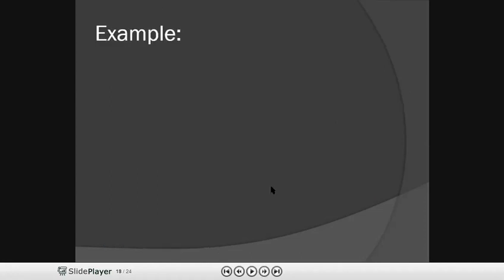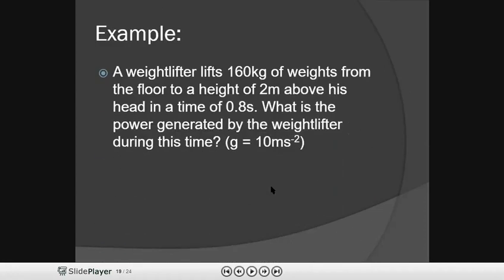Then an example to calculate the power. A weightlifter lifts 160 kg of weights from the floor to a height of 2 meters above his head in time 0.8 second. Uski power kitni hogi? So what we will have to do, actually, we have to calculate the work done here by the weightlifter first.